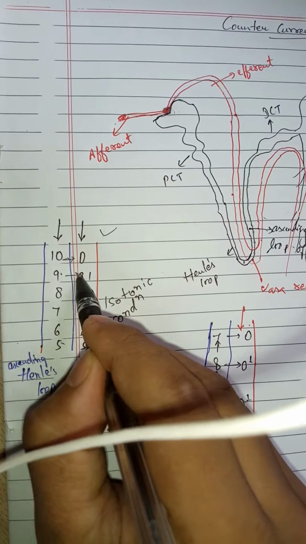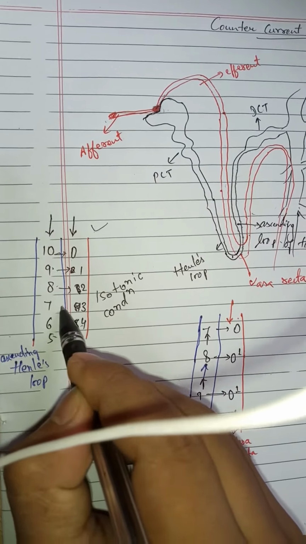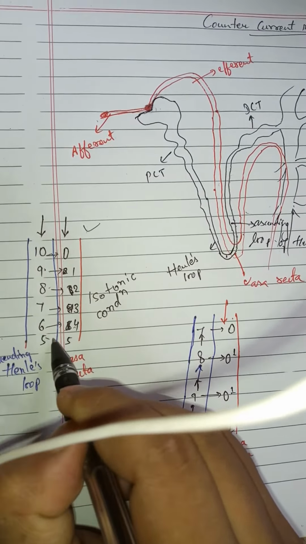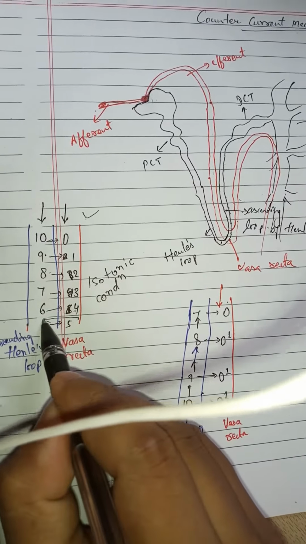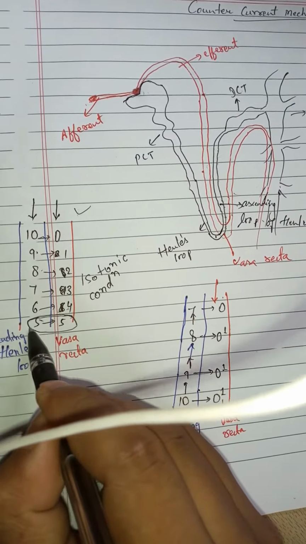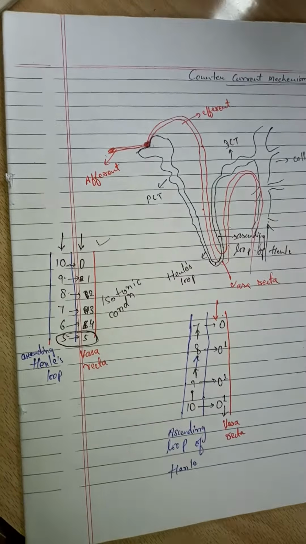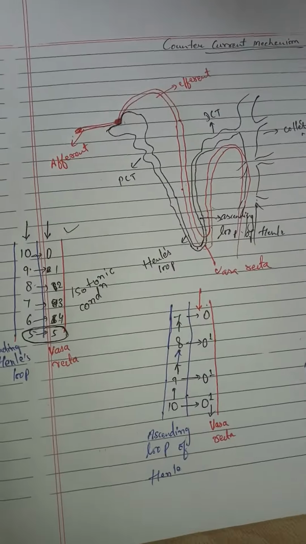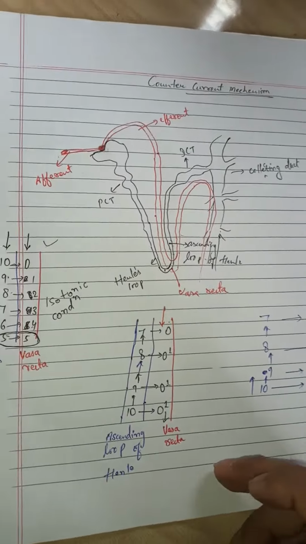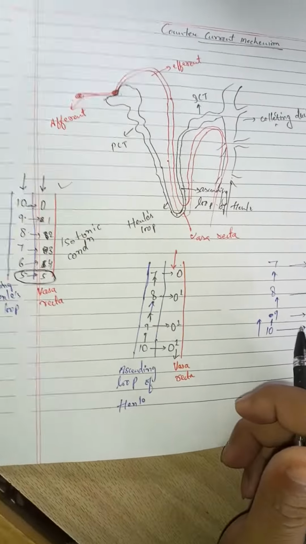See 10, 0, 9, 1, 8, 2, 7, 3, 6, 4 and 5. Here the saturation will come, means here the solution will become isotonic. So there will be no further movement, or there will be no further absorption of nutrients.